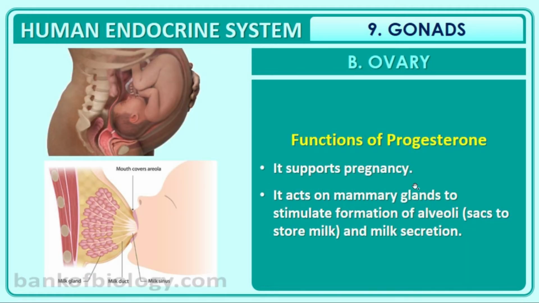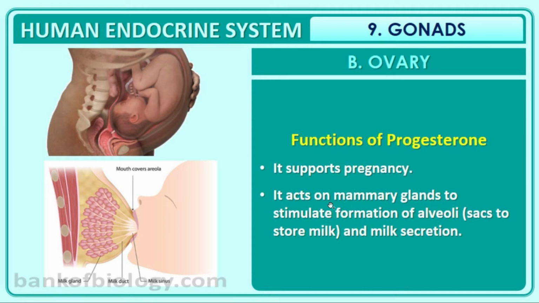What about the functions of progesterone? The progesterone is released by the corpus luteum. See what the functions are. It supports pregnancy. Yes, very important. The progesterone is only for maintaining pregnancy. Estrogen is for secondary sex characters and formation of the ovarian follicles. But the progesterone maintains pregnancy.